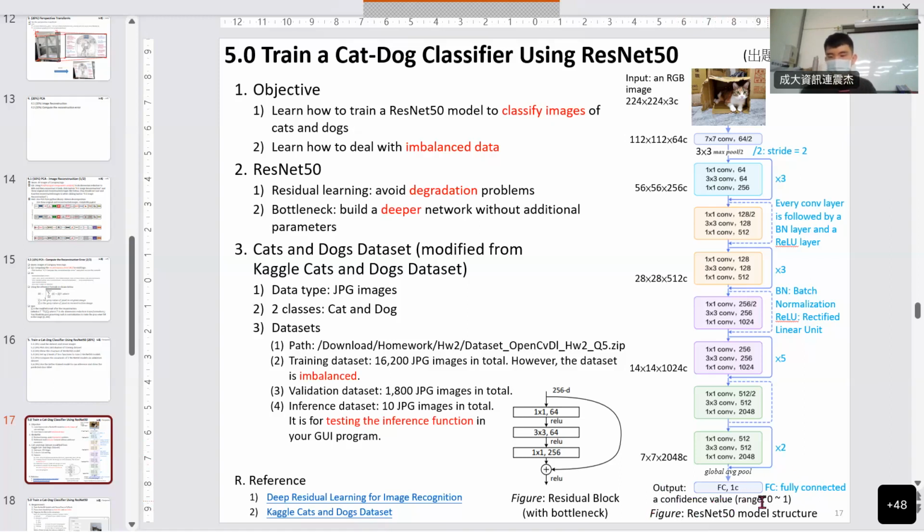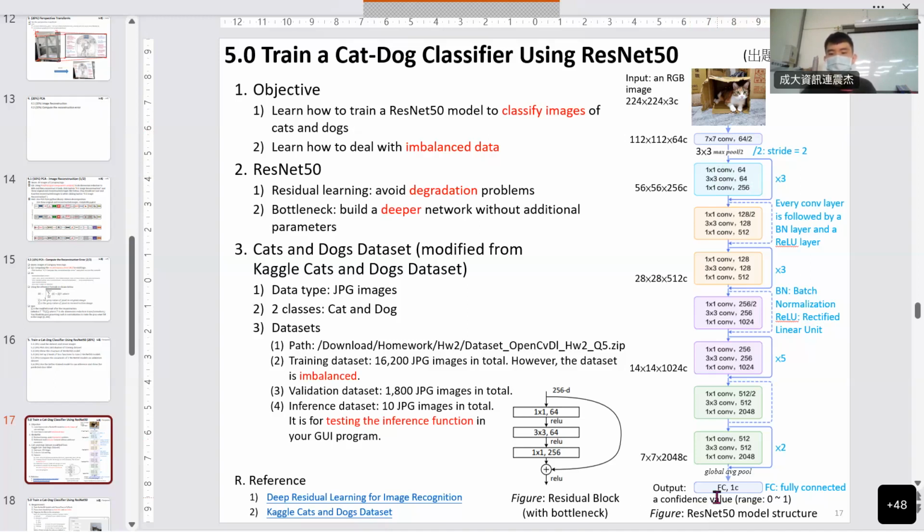So what does this mean? If the input is a cat image, and our class label for cat is 1, the output confidence value should be close to 1. And if we input another image of a dog, and the class label for dog is 0, the value should be close to 0.